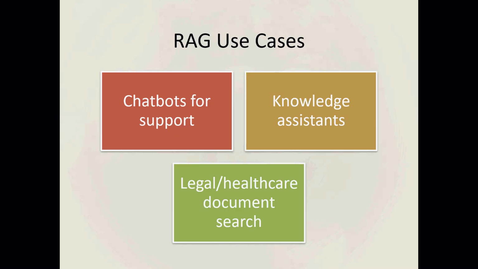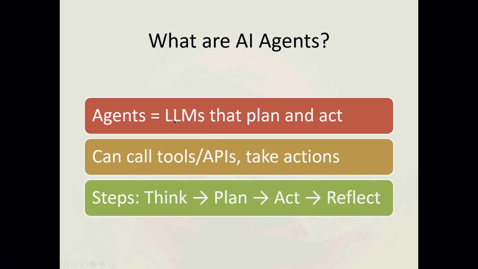Then you might go with some specific use case like legal or healthcare document search. So you have logged into your own healthcare portal and you want to search your health related issues or whatever. In those cases, you can build your RAG application. All right, the next topic. So that's about RAG. The next topic is AI agents.